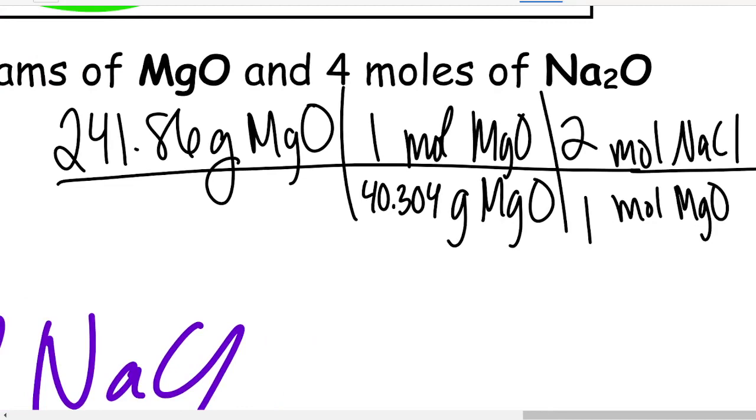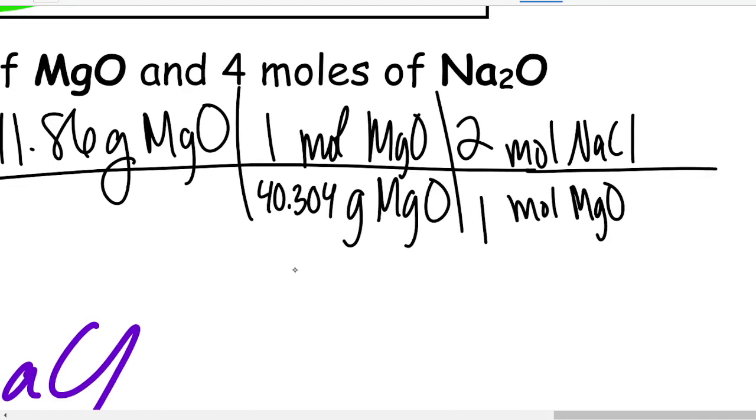And then 241.86 times 2. Oops, I hit divided, not that. Times 2 equals that. And then divided by 40.304 equals 12.0017.